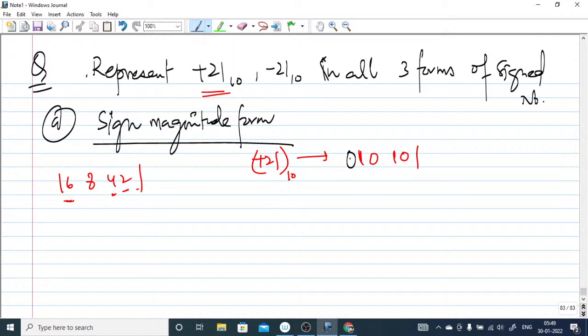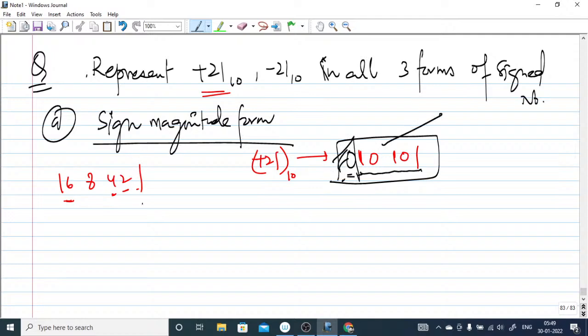Sign magnitude form means this bit shows the sign, and that is positive here, and the remaining is the magnitude. So this part is the sign and this is showing the magnitude.